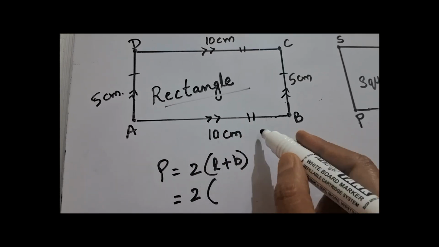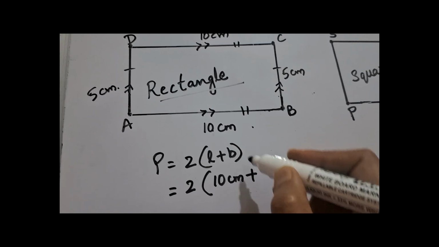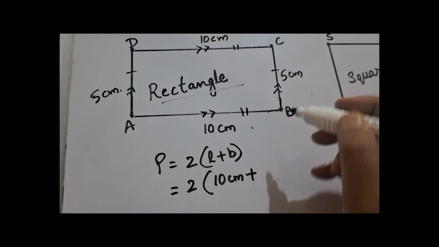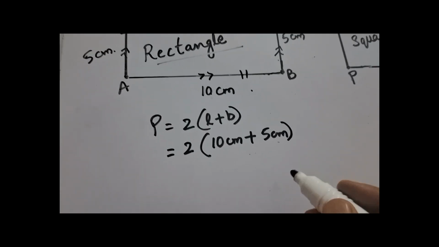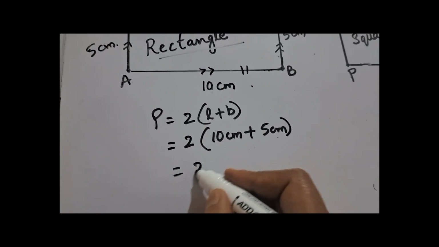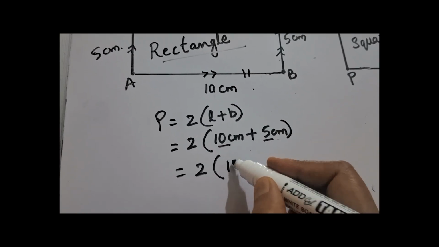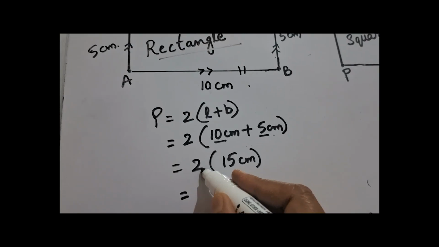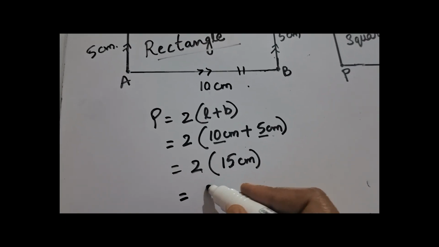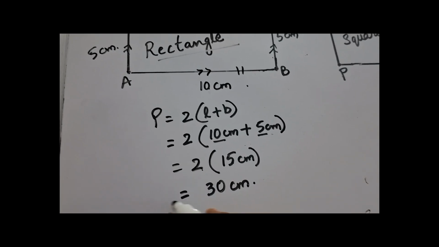Length, that is 10 centimeter. Plus, what is breadth? This one, 5 centimeter. Right? Now, which is equal to 2 into 10 centimeter plus 5 centimeter, that is 15 centimeter, which is equal to 2 into 15, how much? 30 centimeter.